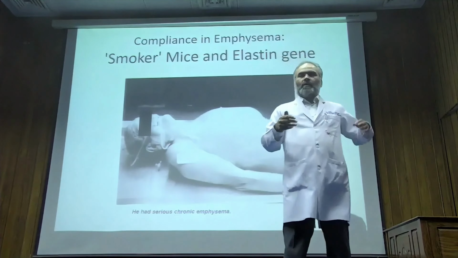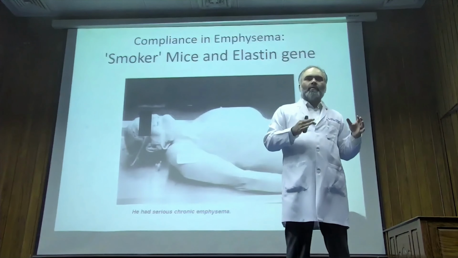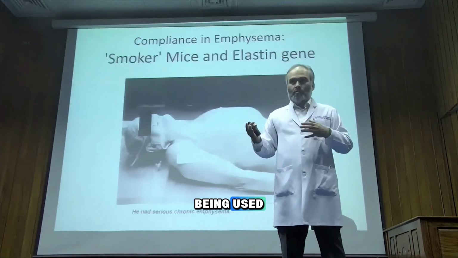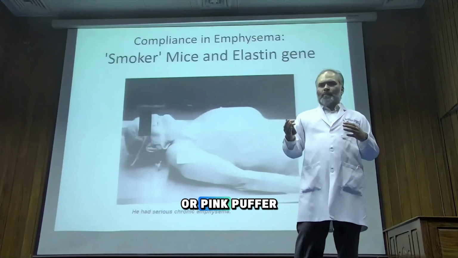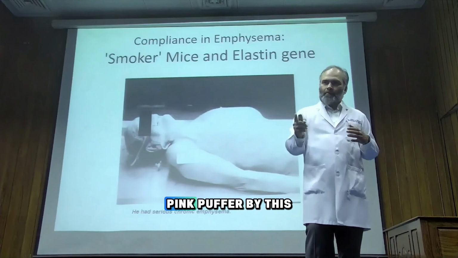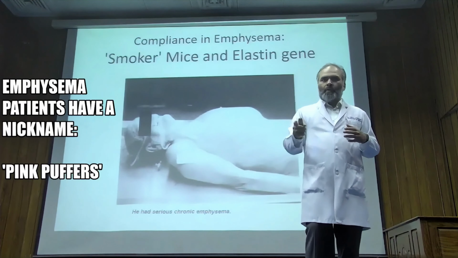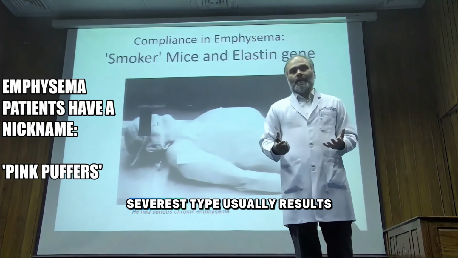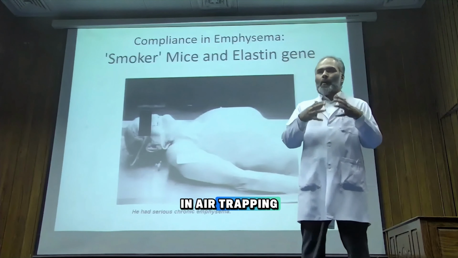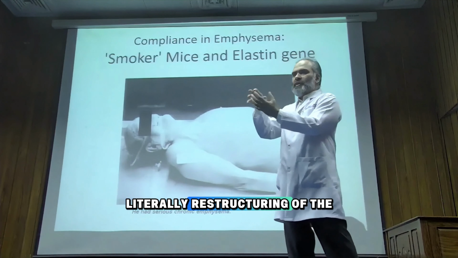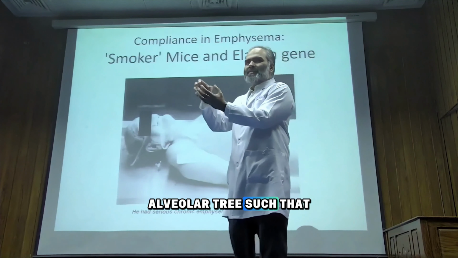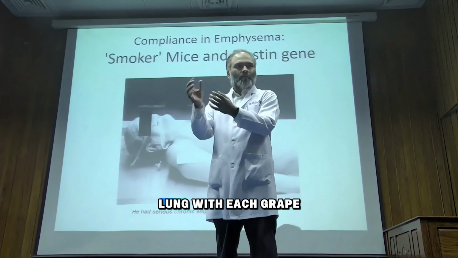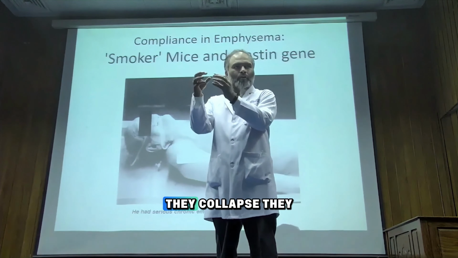Hence that chronic trapping of air, even though accessory muscles of expiration are really being used by this blue bloater or pink puffer, still chronic emphysema of the severest type usually results in air trapping, literally restructuring of the alveolar tree such that the alveoli, which look like nice grapes in a healthy lung, with each grape distinct, coalesce.